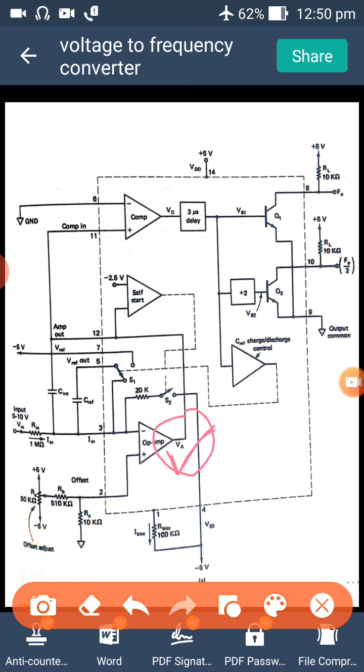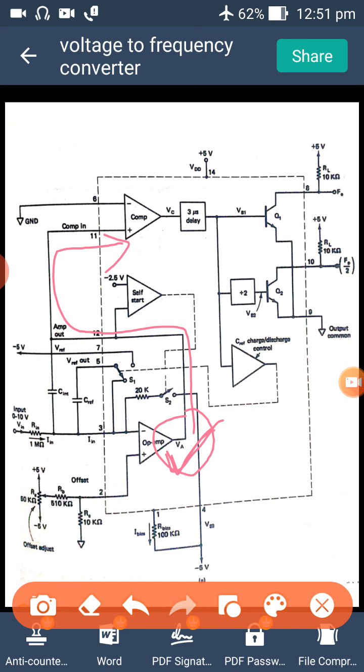This VA voltage is connected to the comparator's positive terminal, that is the non-inverting terminal. Right, now you have got the connection. Now if this VA is positive, what happens, and if this VA is negative, then what happens? This is the main theme now.